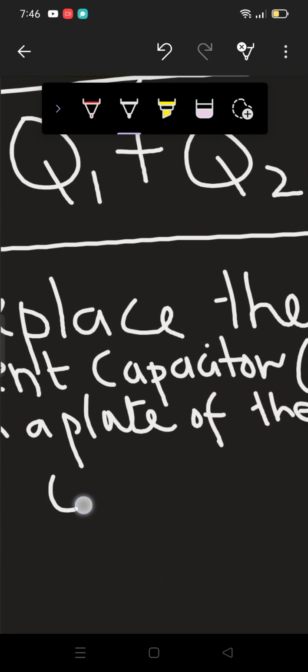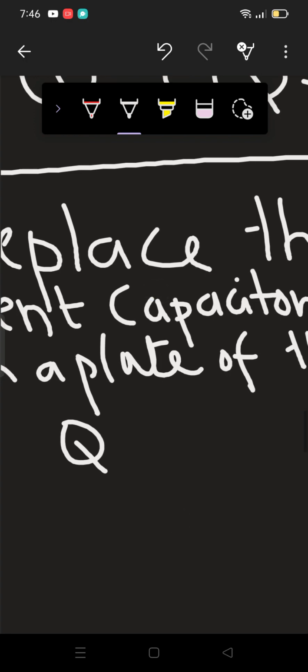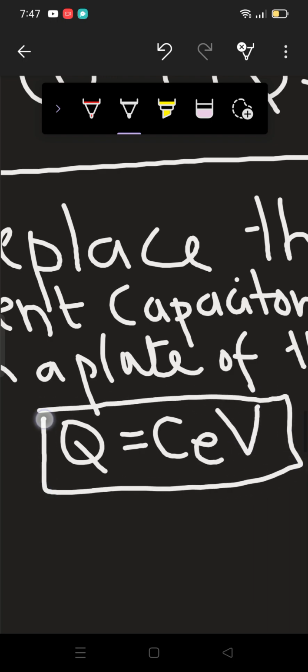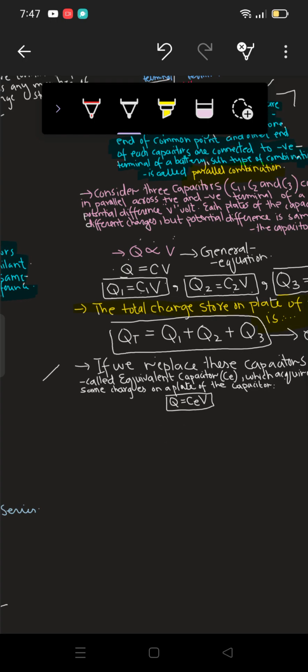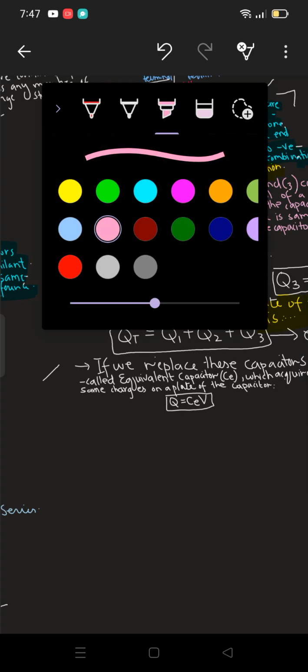So now Q would be equal to CE, the equivalent capacitance, into V. This would be our final equation.